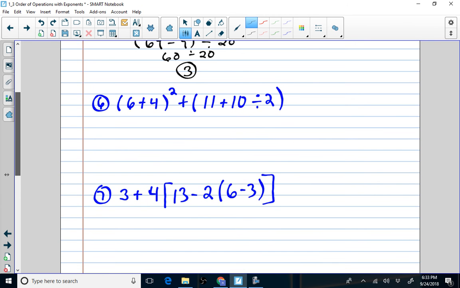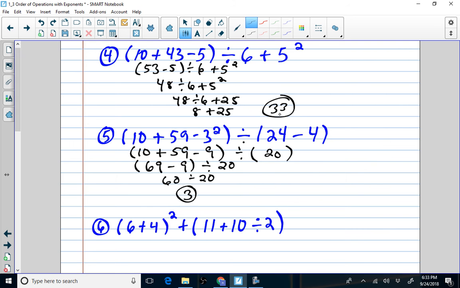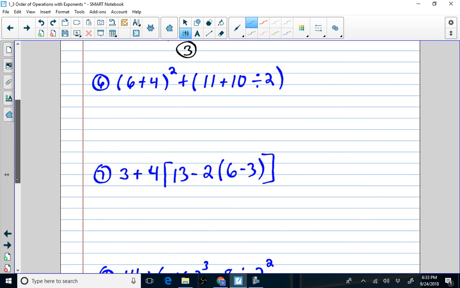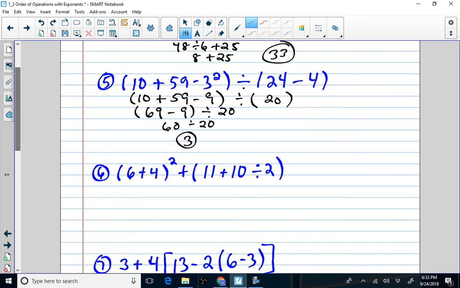Let's look at our next example, example 6. I have to do my parentheses first. So within my parentheses, I have 6 plus 4 is 10, but that has to be squared, plus, within this parenthesis, I have to do the division first. 10 divided by 2 is 5, so that's 11 plus 5.